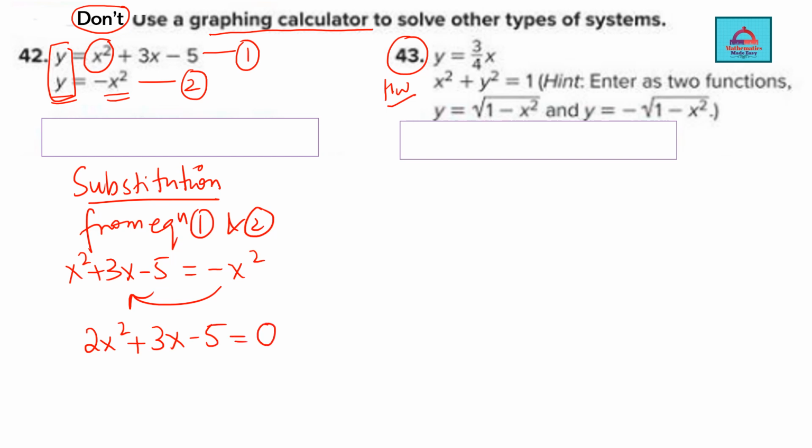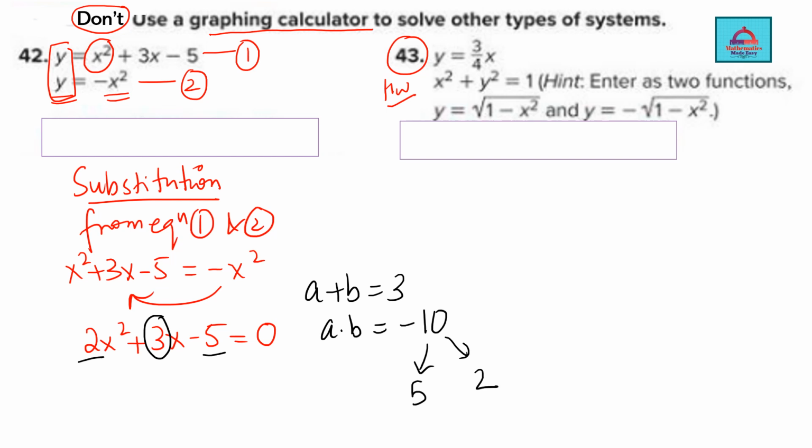So now we'll do middle term splitting. We need two numbers, sum is middle term 3 and product is 2 multiplied with -5, minus 10. So what can be the two factors of 10? 5 and 2 with a negative sign. So 2x square plus 5x minus 2x minus 5 equal to 0.